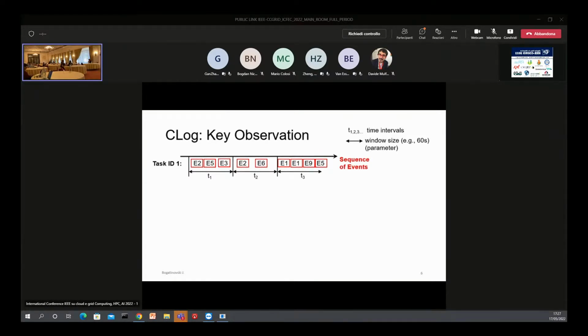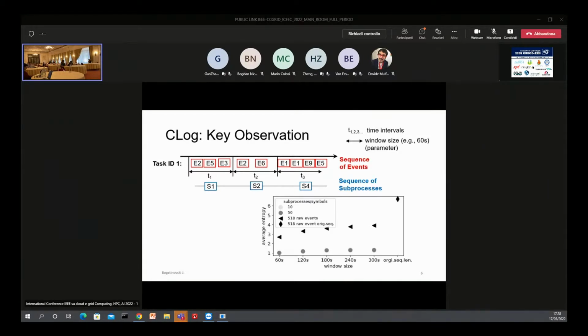Can we somehow organize these events based, for example, on a time window, and try to match similar time windows? We label these sequences in a time window as subprocesses, and we ask whether we can extract such subprocesses.